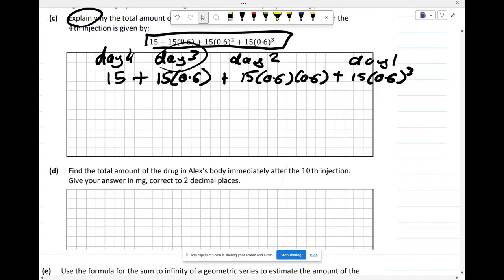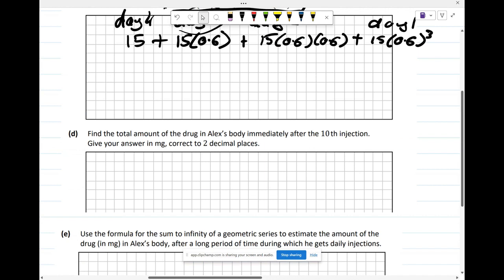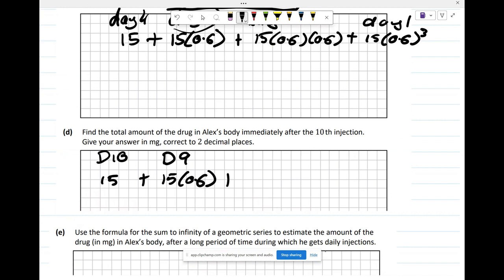Perfect. Okay, so now we want to find the total amount of drug in Alex's body immediately after the 10th injection. Okay, let's think about it. So he's just had his 10th injection. Let's call this day 10. That's 15. He also has the drug from day 9, so that's 15 times 0.6. Then he also has day 8, 15 times 0.6 squared.